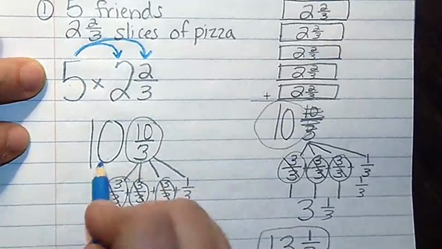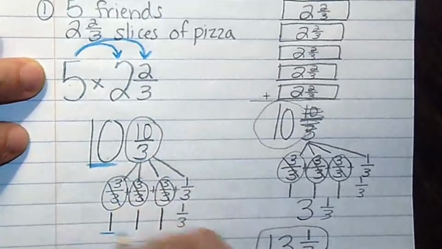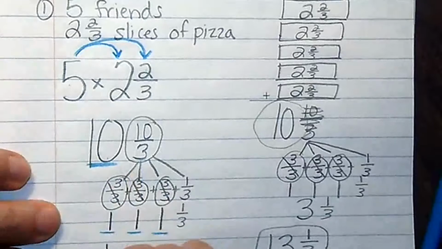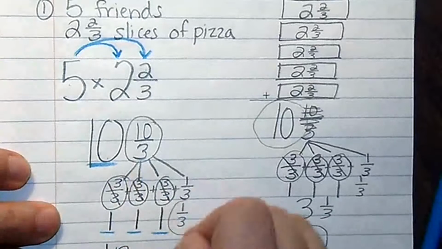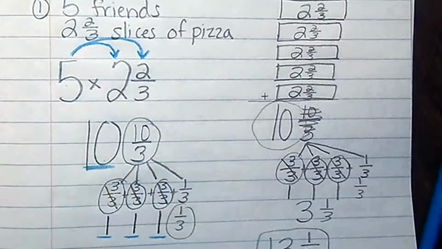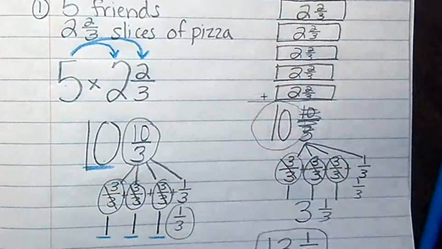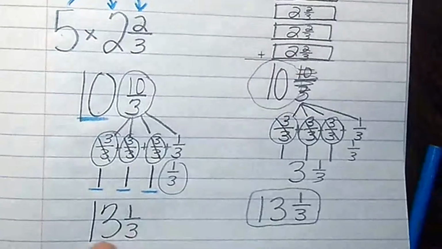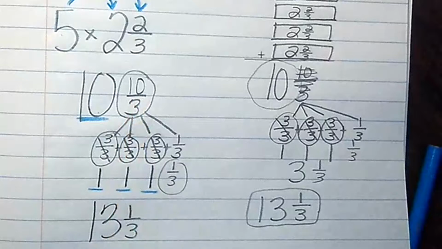So let me count these guys up. I've got 10, 11, 12, 13, and 1/3. So if you choose to distribute, you can do that. If you prefer to add, you can do that. But either way, we need our answer to be a proper fraction. 1/3 is an acceptable answer. 10/3 is not. It looks terribly improper.